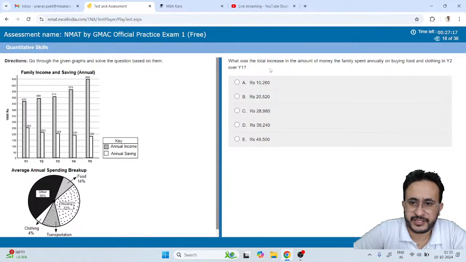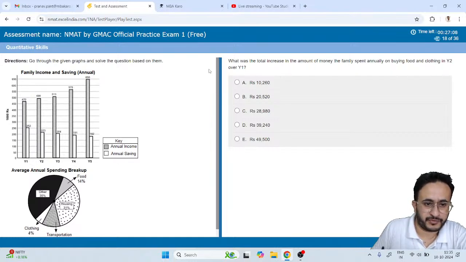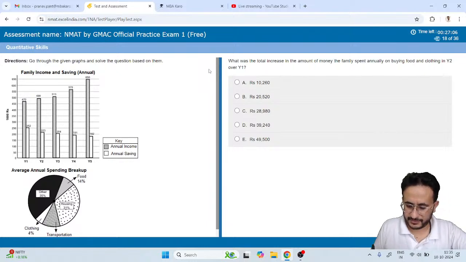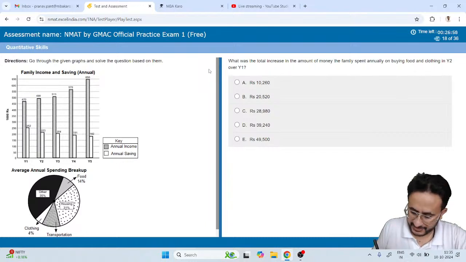What was the total increase in the amount of money the family spent annually on buying food and clothing in Y2 over Y1? In Y1 it had 218 and the next year it had 275.